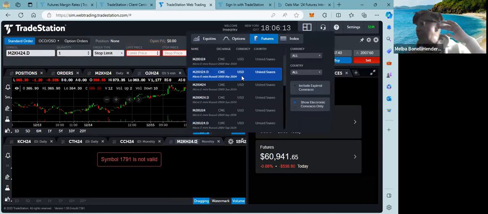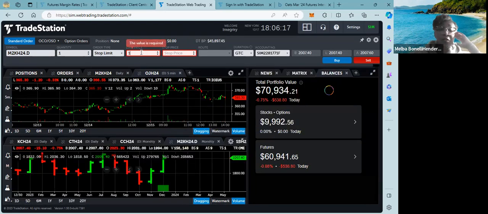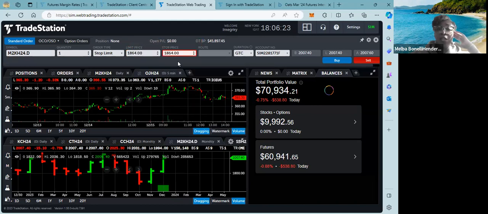For the buy limit, it's 1864. Those are the numbers you will put in for this trade for the buy limit. Then you click buy, and it sets your buy limit order. We've already set the sell limit order, and you just wait to see whether the market is going to break out to the upside or the downside.